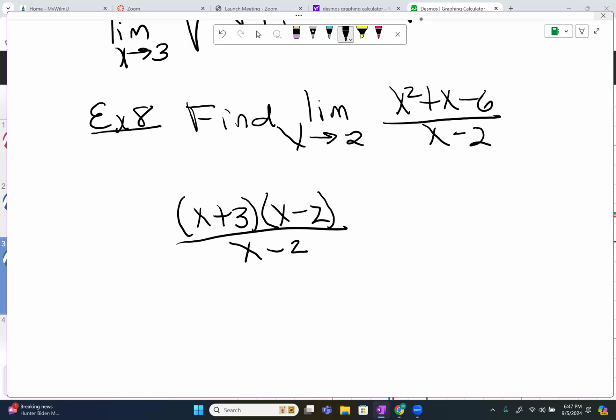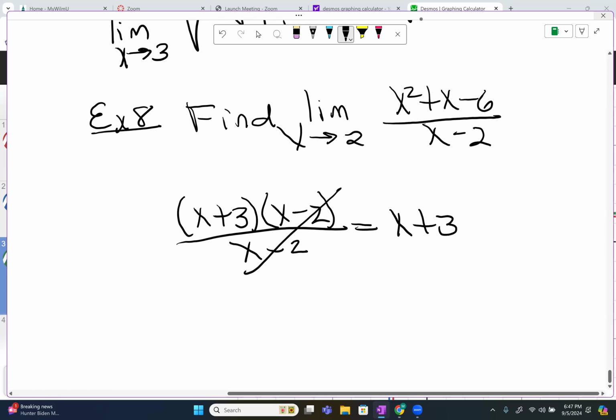Obviously the limit is x plus 3. As x approaches 2, this becomes 2 plus 3, which should be 5. Easy? Yep, fairly.